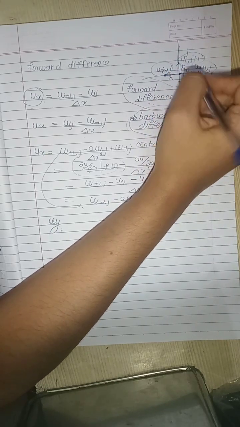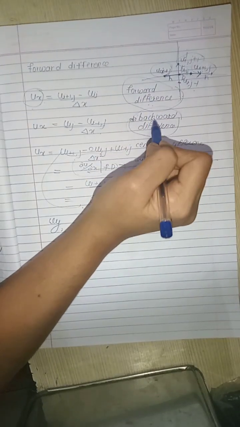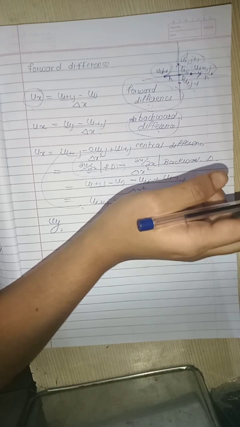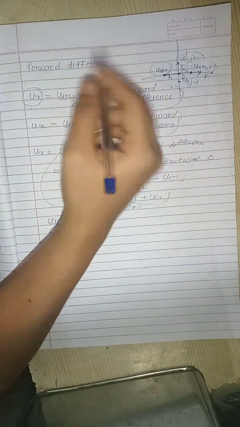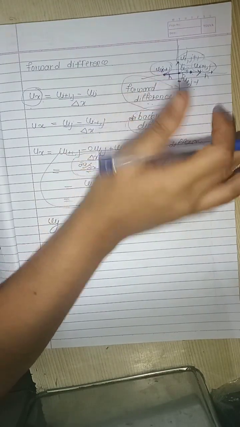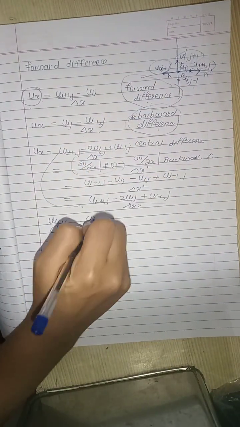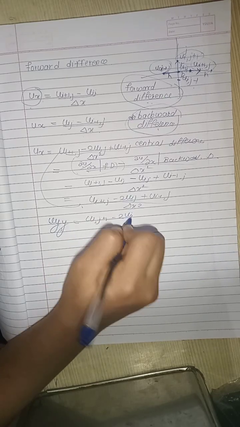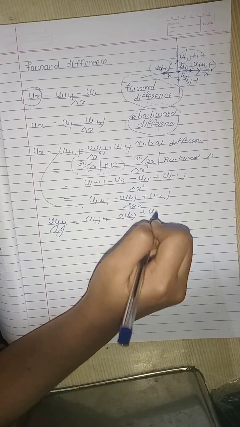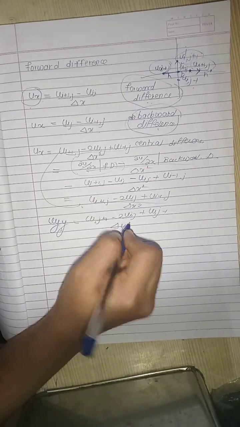Using this, you again have to find the forward difference, backward difference and central difference. Just change the j coordinate in this formula. So you can directly have u_yy as (u_i,j+1 − 2u_ij + u_i,j−1)/Δy².